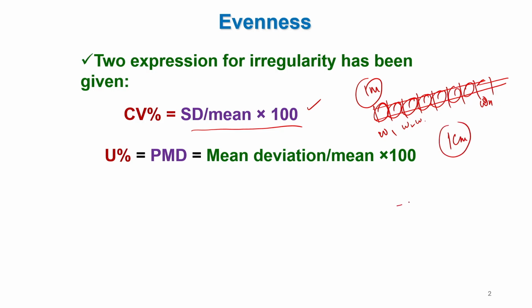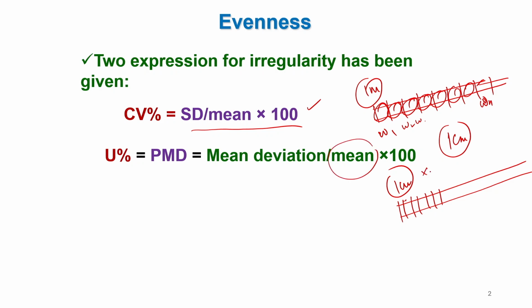If we cut the sliver into lengths of 1 centimeter each, take the mass of each and calculate the mean deviation, then mean deviation divided by mean, multiplied by 100, is the percent mean deviation, expressed as U%.